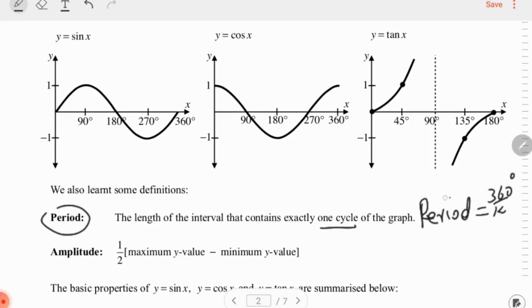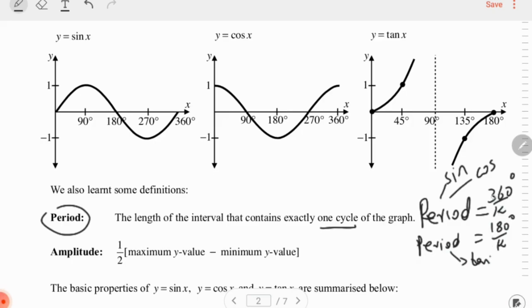Then you divide by k. This is for sine and cos. And then the period for the tangent is equal to 180 divided by k. Okay, that's because originally the tangent graph makes a full circle at 180. So for sine and cos 360, for tangent 180. So this is for the tangent.